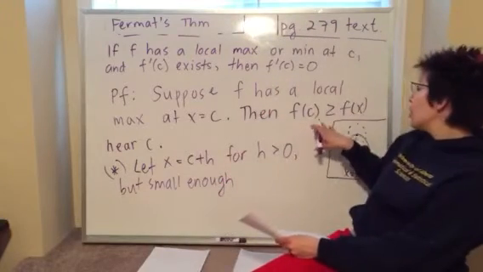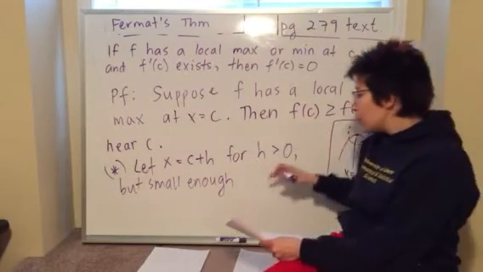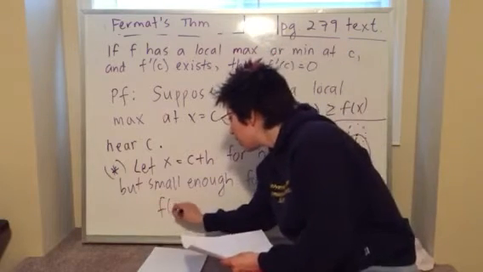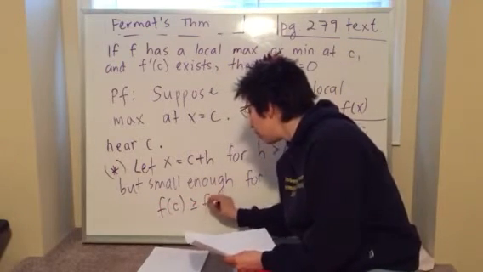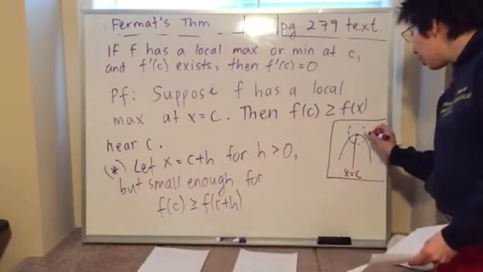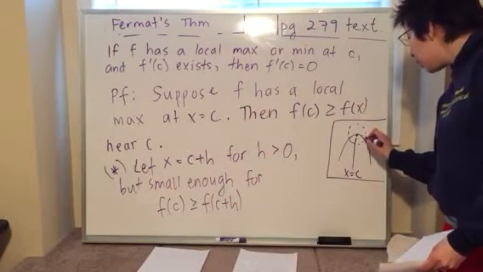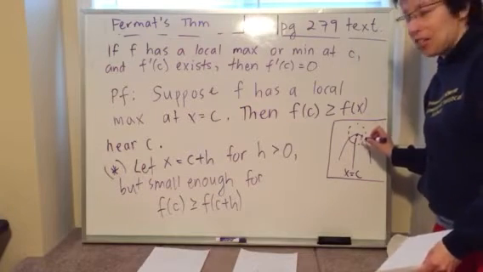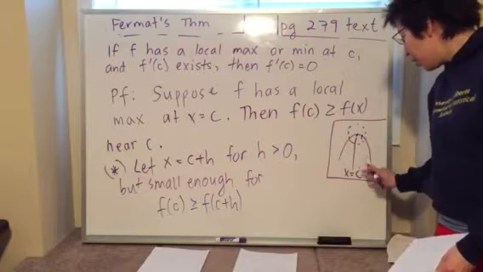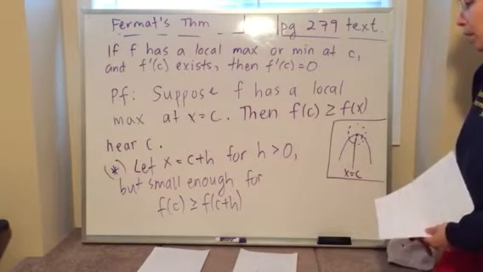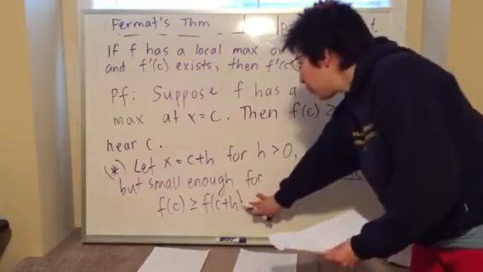Small enough for this to hold. So small enough for f at c to be greater than or equal to f at c plus h. So then what we have in the little picture is that this would be c plus h. Well, this would be the value at c plus h, actually. c plus h would be kind of over here, a bit to the right of c, because h is greater than 0. So we're going to use this fact.